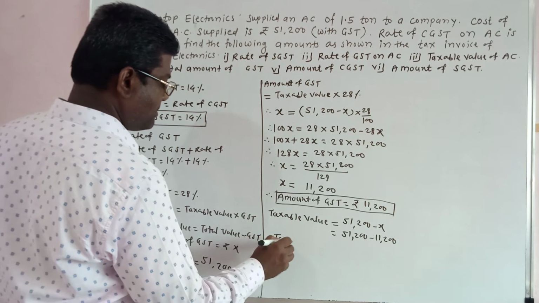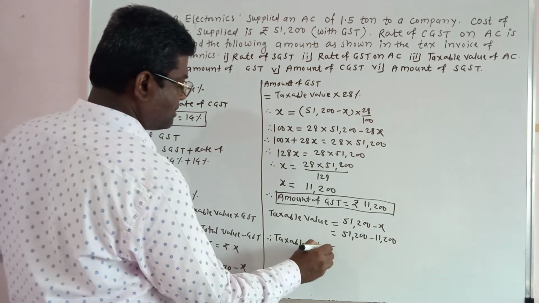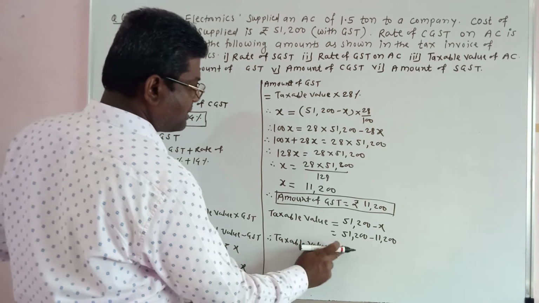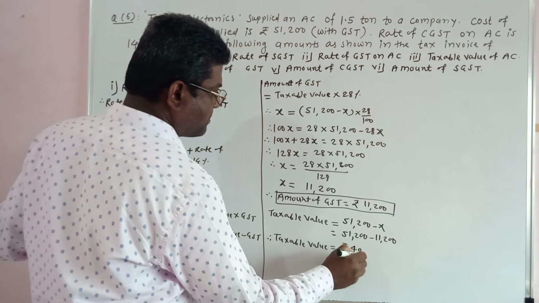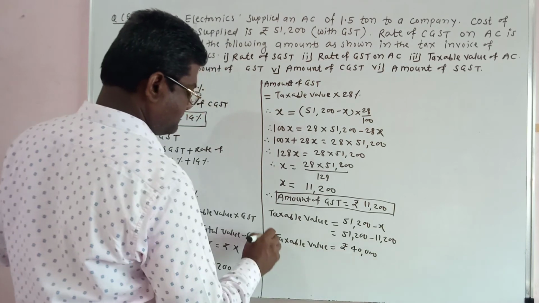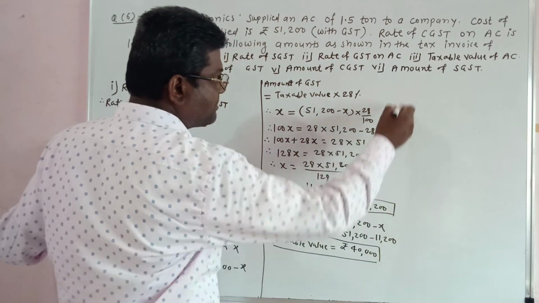Therefore, taxable value is equal to rupees 40,000. This is our taxable value.